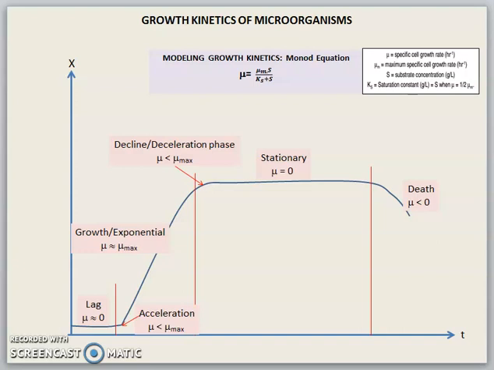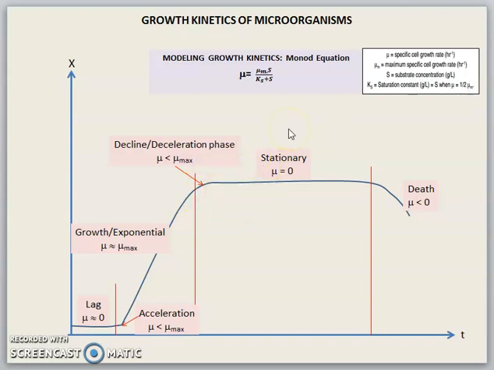The model for growth kinetics is represented by the Monod equation, which is mu equals mu m, where mu m is mu max, the maximal specific growth rate, times S, the substrate concentration, over Ks, the saturation constant, plus S. This saturation constant is equivalent to the substrate concentration S when mu is half of mu max, or mu m.